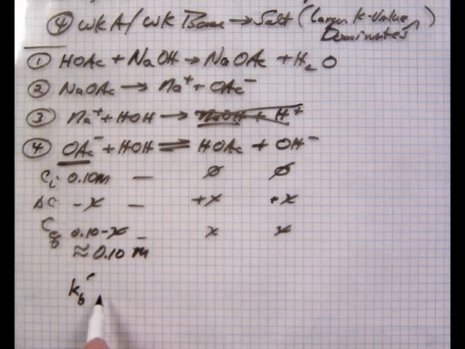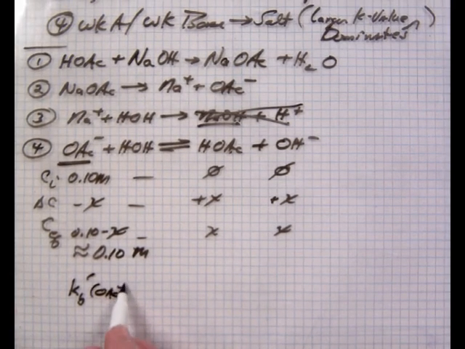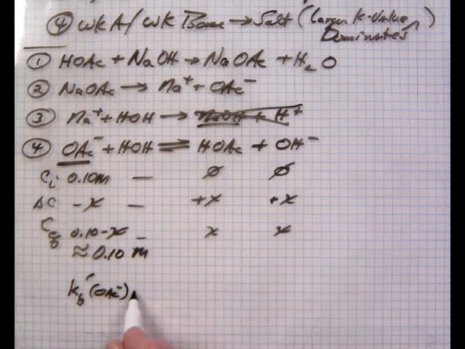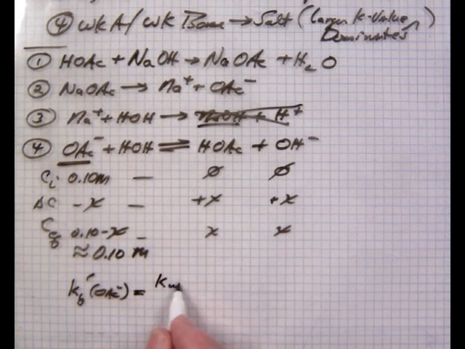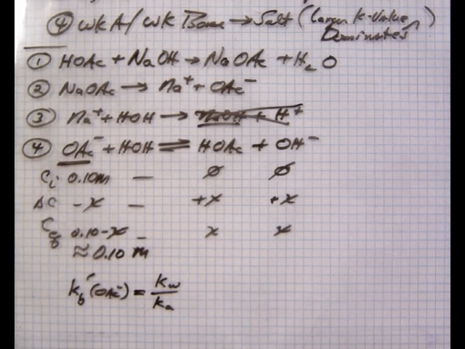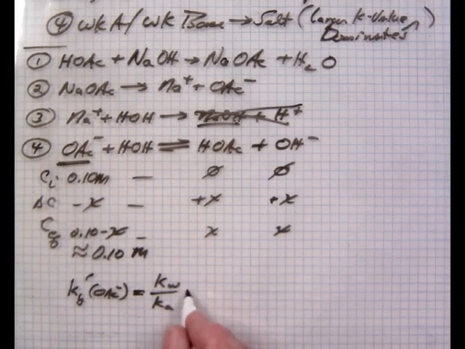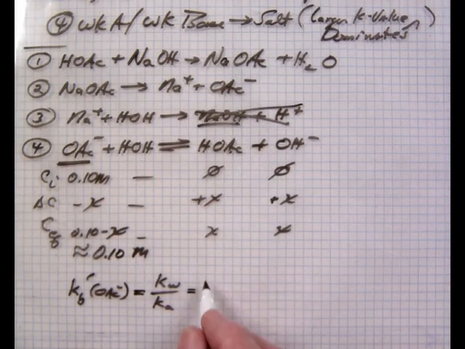Well, since it's not published, we have to use Ka times Kb equals Kw and solve for Kb to get that. So there's your K value for the hydrolysis reaction right here. So you want to set up your products over reactants against this, and then substitute your equilibrium row, solve for X, and you get your OH minus like that.